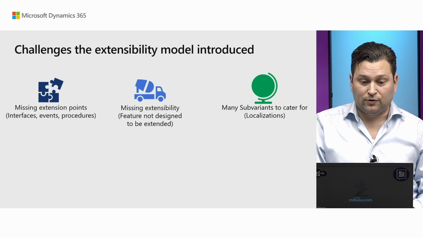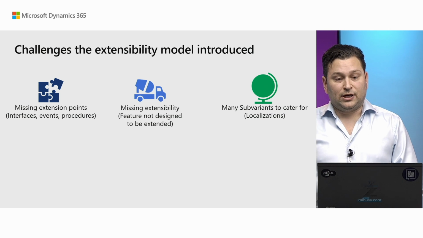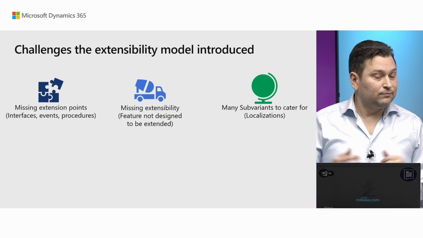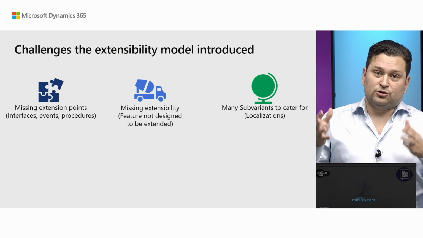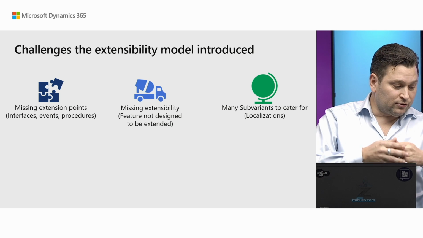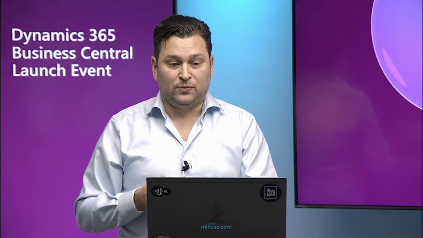It's a challenge too that we face. Also, we still have many subvariants to cater for. I guess the most common subvariant is localizations that you're all aware of. So just because you build an extension that works great in the North American version doesn't necessarily mean that it works fantastic with the German version as well. So that's a challenge that we run into as well.